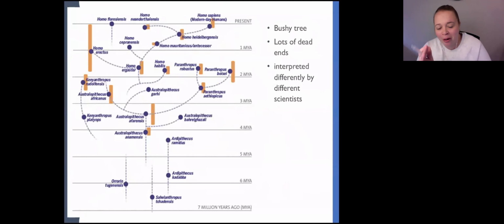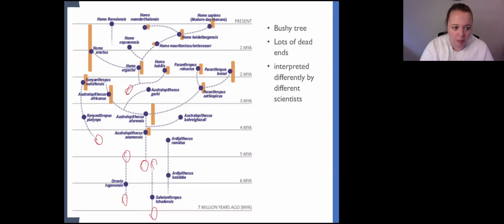So the problem with the human family tree is it's really what we call bushy. There's lots and lots of dead ends. It's very open to interpretation. Can you see there are bits where you think, okay, there was a species here, but I don't quite know where they came from. I don't quite know if they diverged from this one or this one and how they linked in.